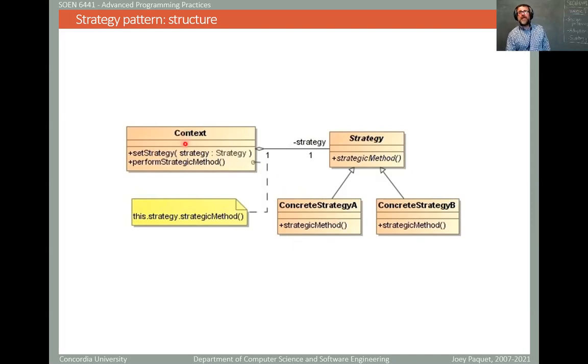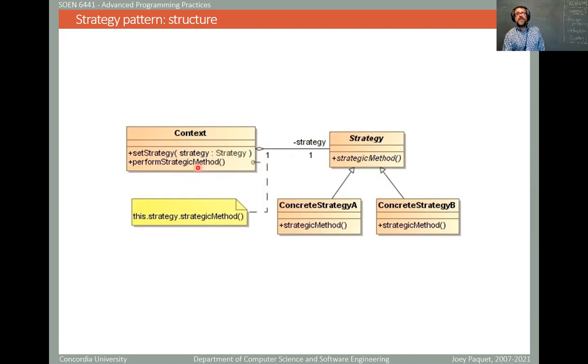So in fact, the player contains an object of type strategy. And when you call this method here, which in our case is the issue order method, when you call issue order on the player, then the issue order method is going to call the methods of the strategy that it has adopted.